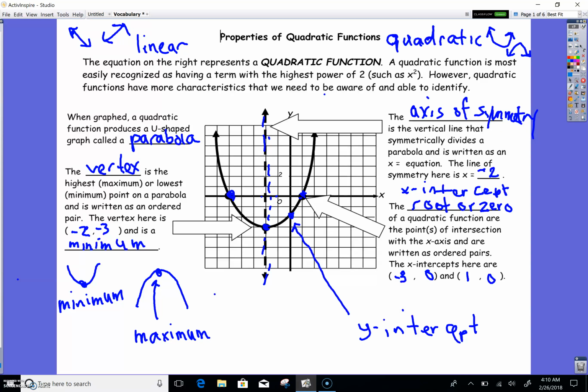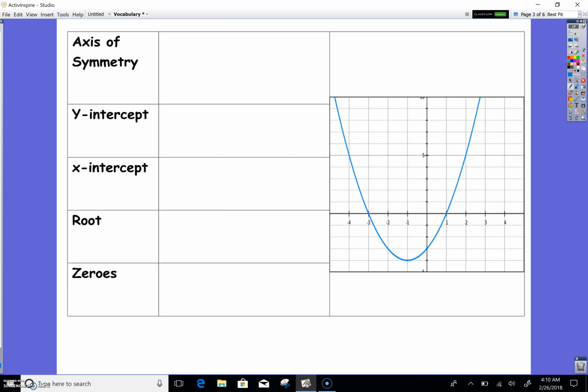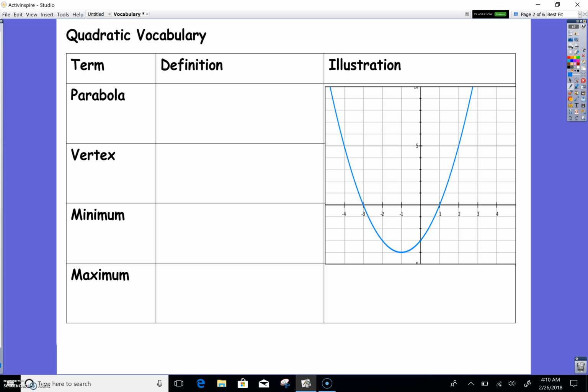Now let's look more into it. So, formal definition of parabola: the U shape of a quadratic function. When you do your illustration, I want you to do your own.